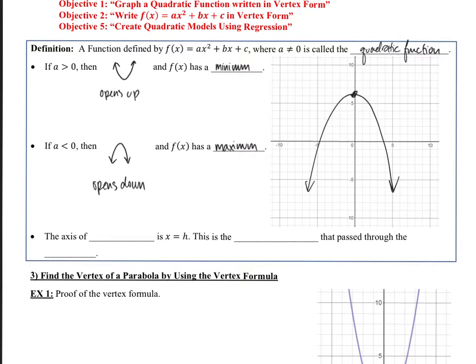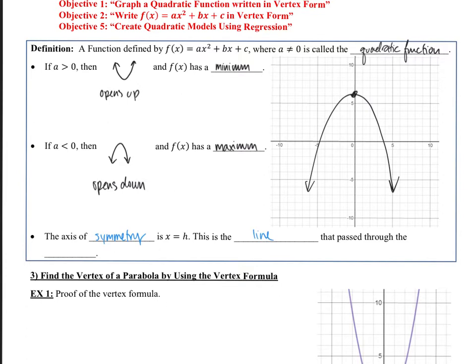Okay, so one other really important thing that we go over for parabolas is something called the axis of symmetry. This is the line x equals h. Not super important to know that right there in this class, just knowing the axis of symmetry is important and the concept behind it. And this is the line.